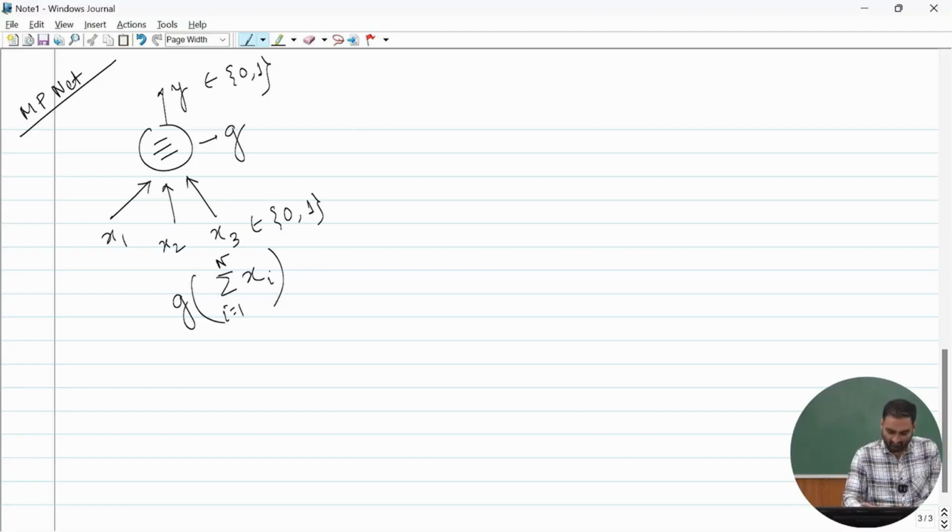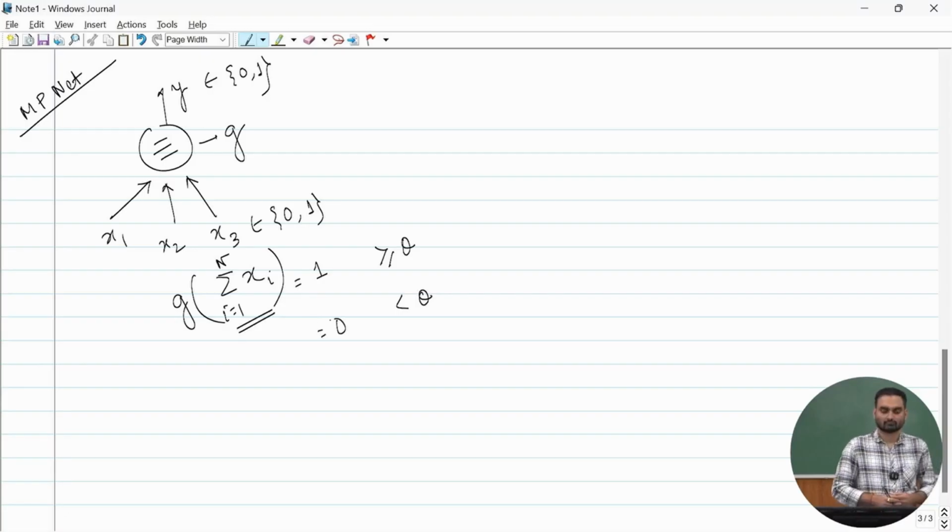So if the sum is greater than or equal to a certain threshold, theta, you produce 1, otherwise 0. A very simple structure. As you see, it's a linear function, and basically a step function, right?